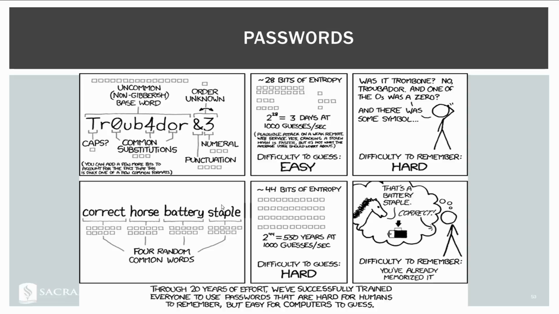That would let us try a whole bunch of combinations that are real words rather than all these gibberish things. And so if your password is in a dictionary, or if the words are in a dictionary, for example, correct horse battery staple was a great password before this comic was created, and now it's a terrible password because it's probably in every password cracking dictionary, correct horse battery staple.